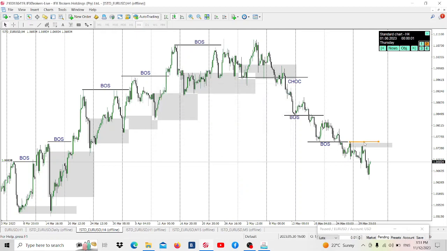Now if the market breaks this high, we change from downtrend to uptrend. If the market continues to break this low, we can clearly know that we are in a downtrend.